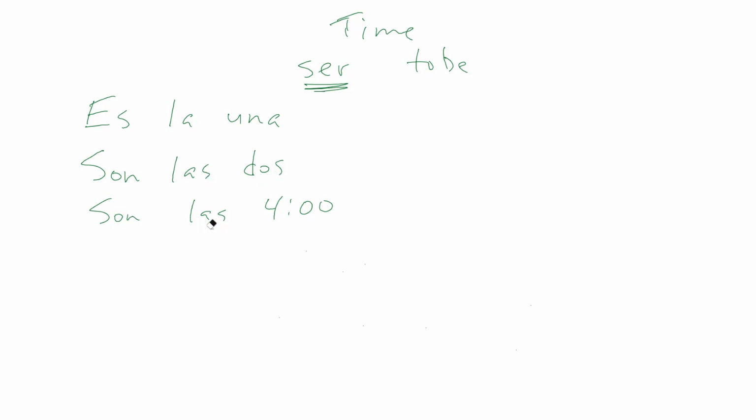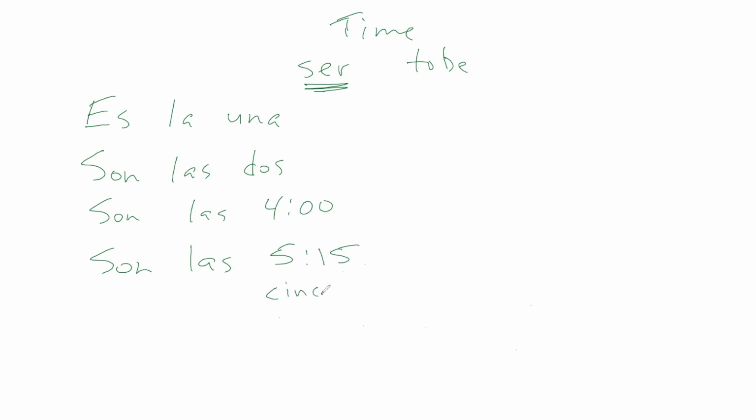So if we're going to talk about a time that is not the exact hour, then we're just going to add the minutes to the time. So if we have, say, 5:15 or something, we would say son las 5:15.